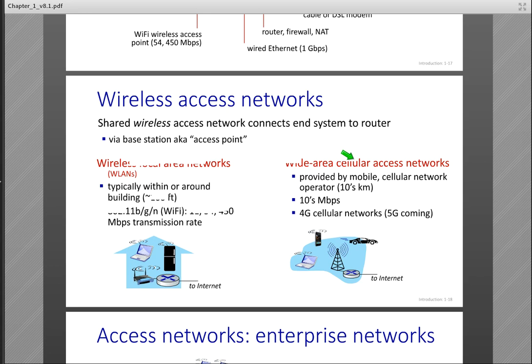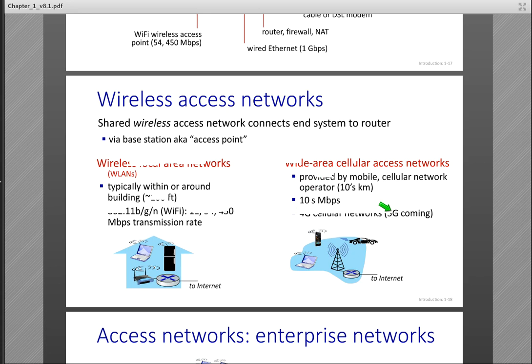There are microcells and macrocells. In a microcell, the communication range is 500 meters or so, and in a macrocell, the communication range is 30 kilometers or so.